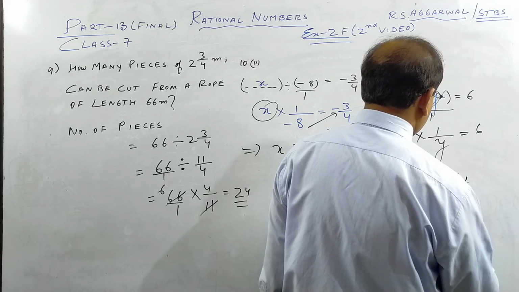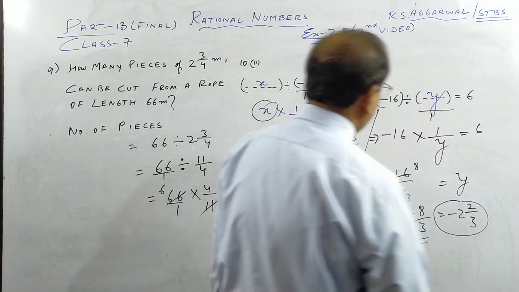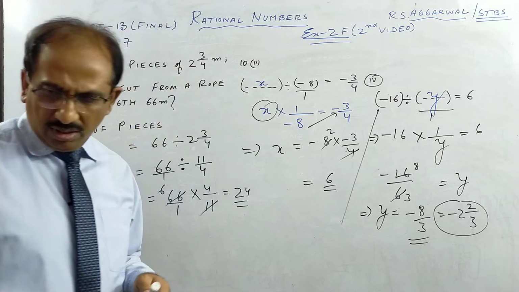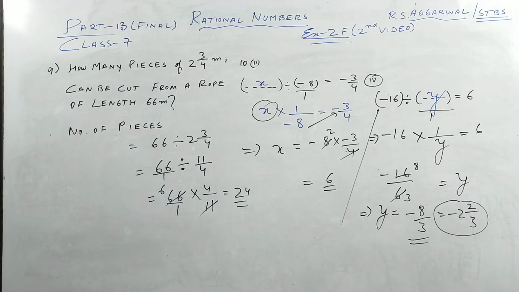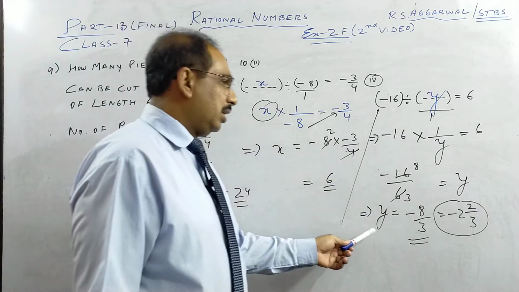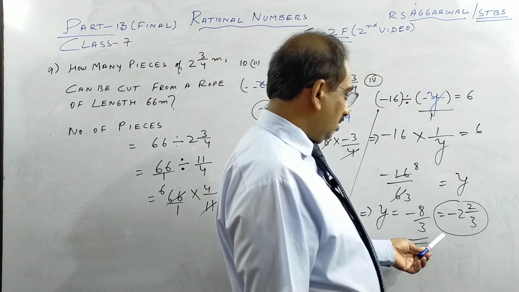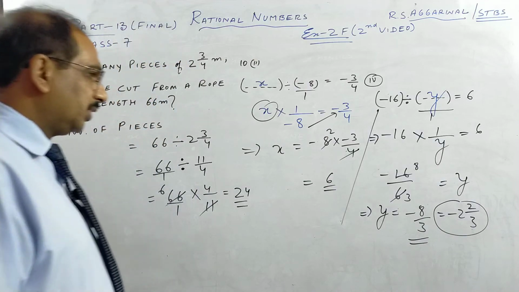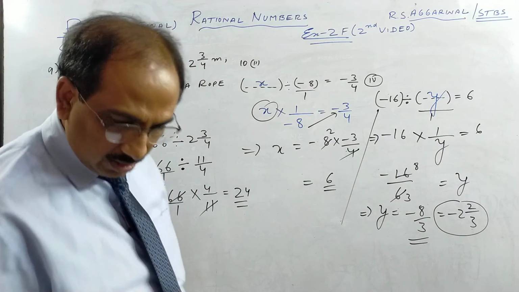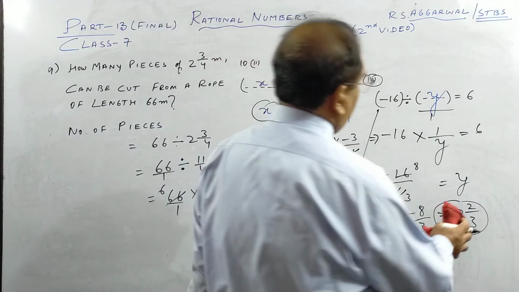Because we are doing rational numbers, if you check the book, it will be minus 8 by 3, because we are not doing fractions. So you let it be in the form of a rational number.